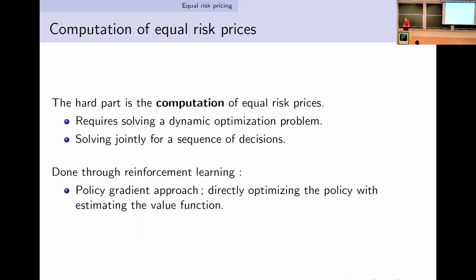Now we'll talk a bit about the numerical approach, because the hard part is the computation of these prices. We don't have any closed form, so we need numerical methods to tackle these kinds of problems.